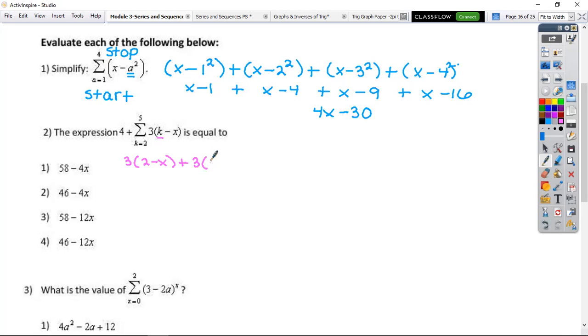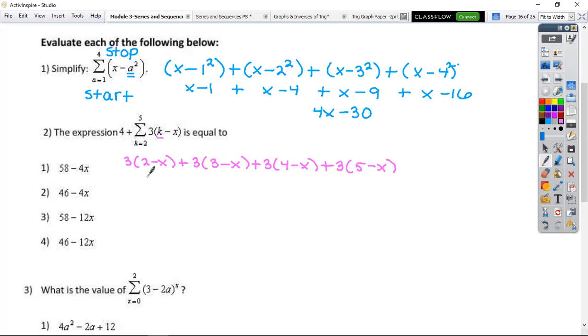3 times 3 minus x plus 3 times 4 minus x plus 3 times 5 minus x. Okay, now we're going to distribute all of this.